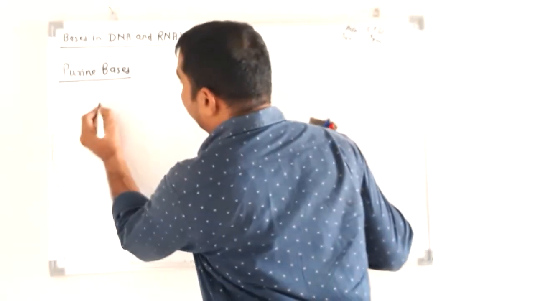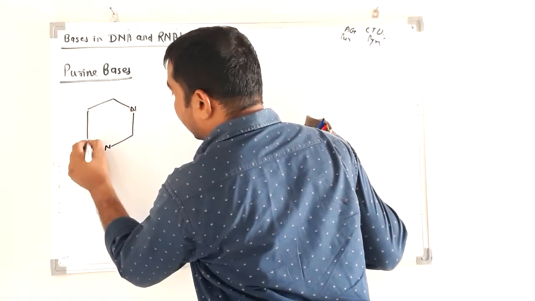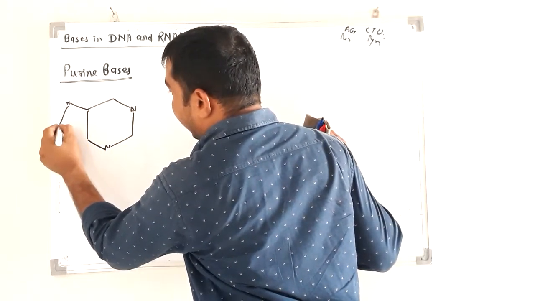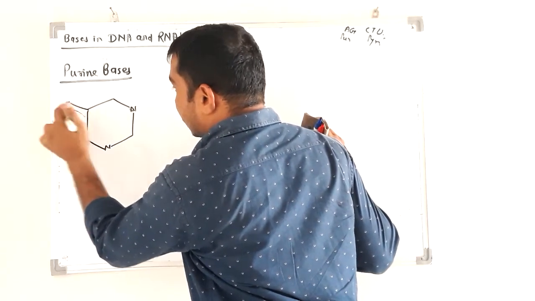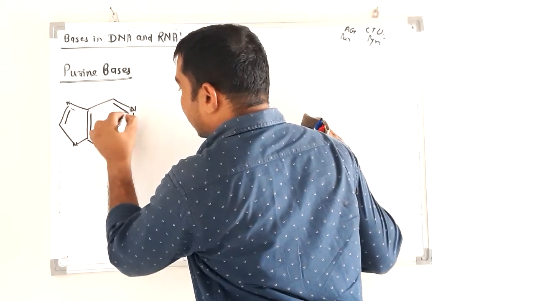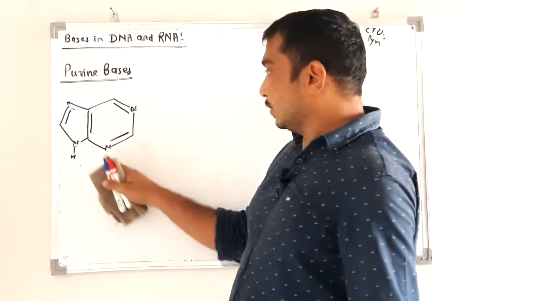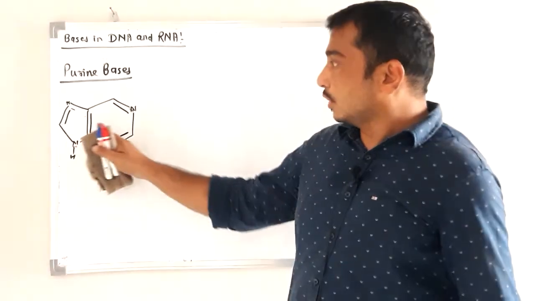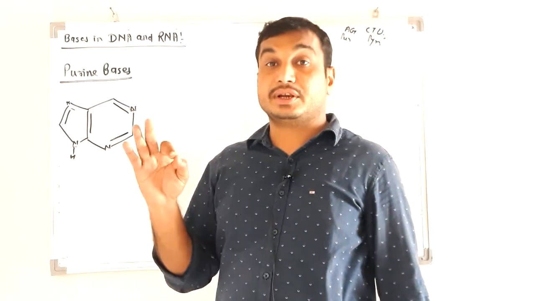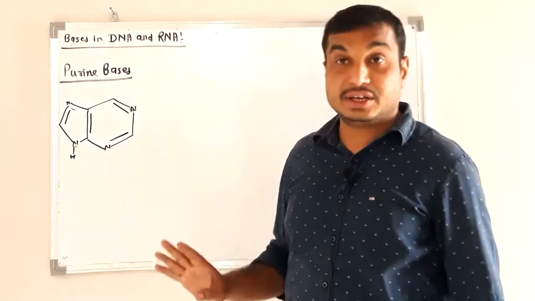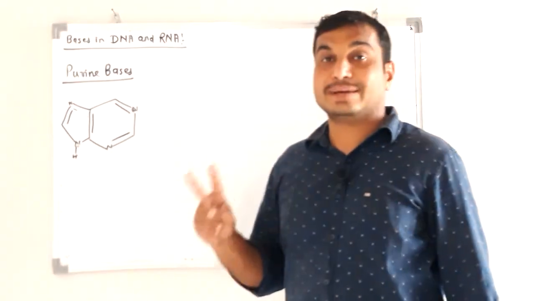I will draw the structure for purine. These are the four nitrogens. This ring is known as purine ring, and substituted purine ring containing heterocyclic bases are present in DNA or RNA. Our DNA or RNA molecule contains two types of purine bases.